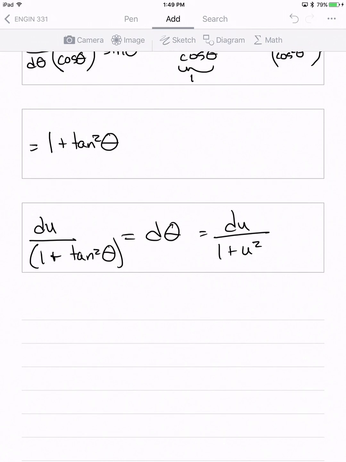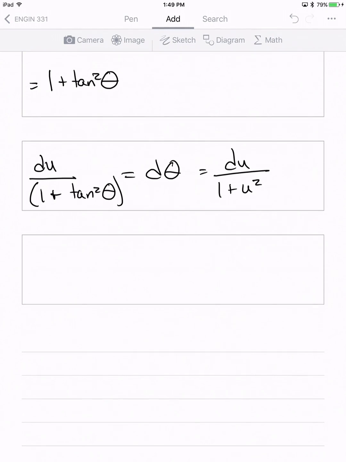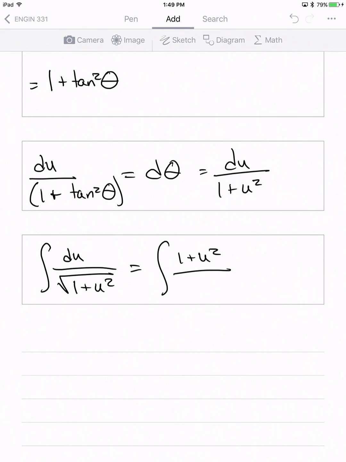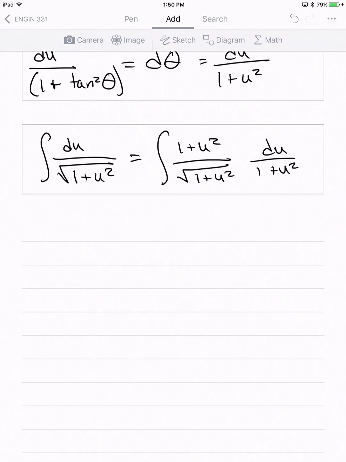Back to that integral. Now I've got the integral of du over square root of 1 plus u squared. I'm going to multiply top and bottom by 1 plus u squared, and then I get the integral of 1 plus u squared over square root of 1 plus u squared, times du over 1 plus u squared. Now's my time to substitute in theta.